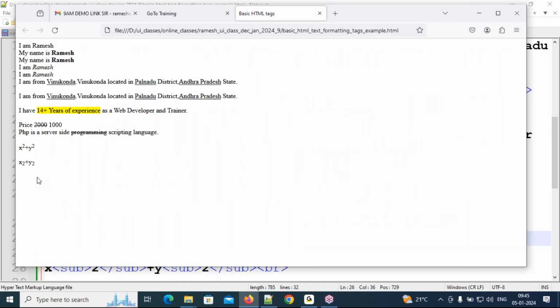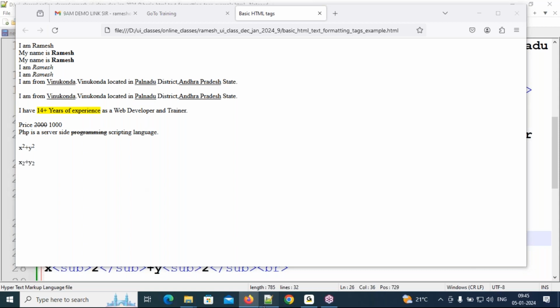Understand it, everybody? Right. What is this? x2 plus y2. So SUP stands for superscript, SUB stands for subscript. Both are used to write data in mathematical expression format.